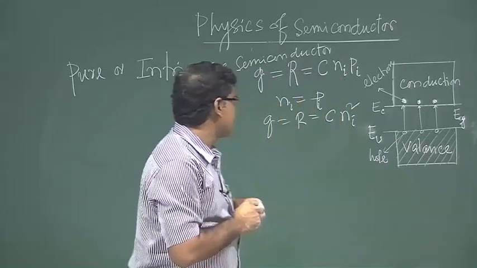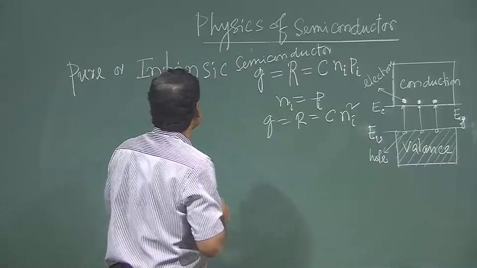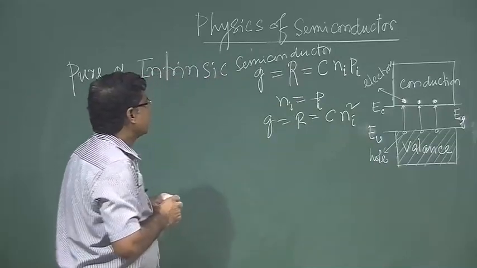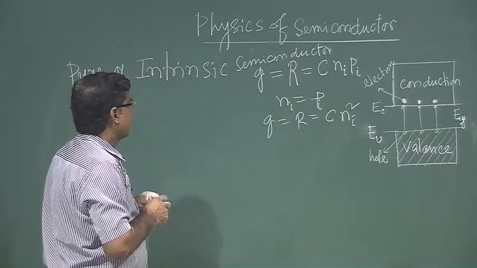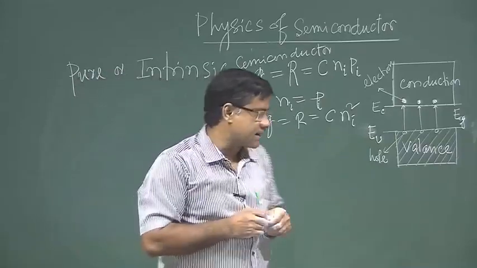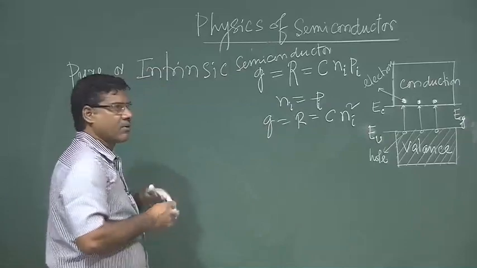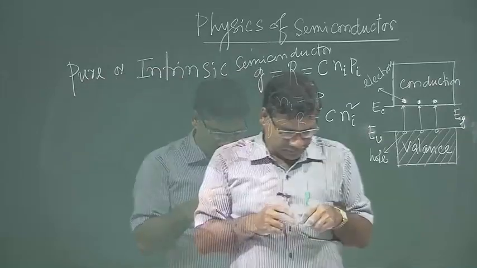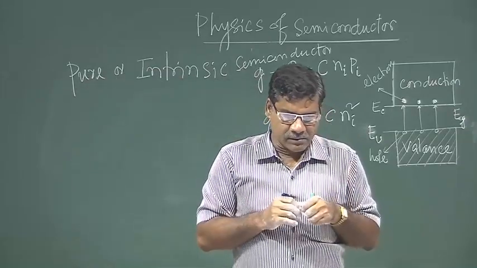So these are basically intrinsic semiconductors, and there are some very familiar ones. These are group 4 atoms in the periodic table.